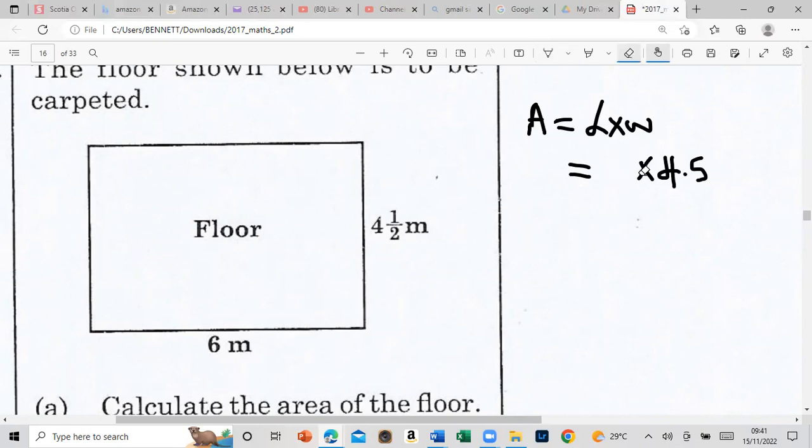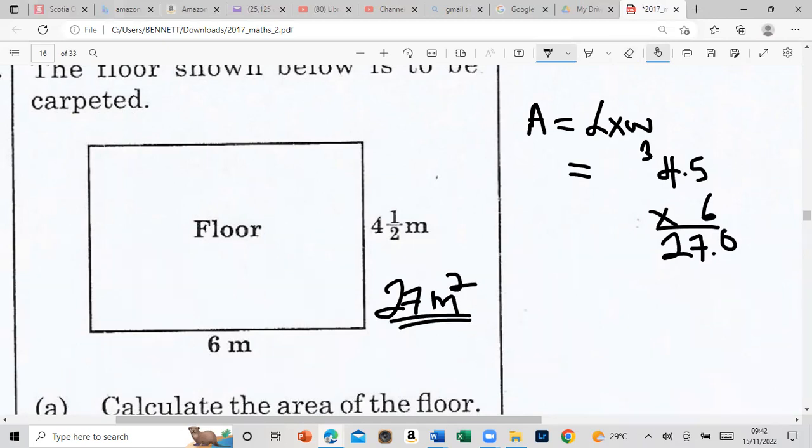I like to show work too, so students can see what I'm doing. 6 times 5 is 30, so 0 carries 3. 6 times 4 is 24, and 3 is 27. But remember, it's one decimal place. So the area would be 27 meters square.